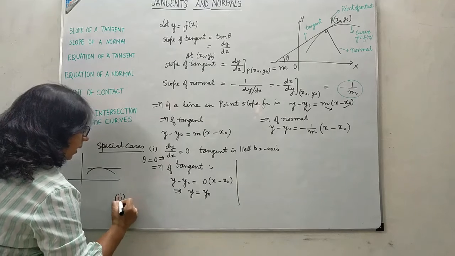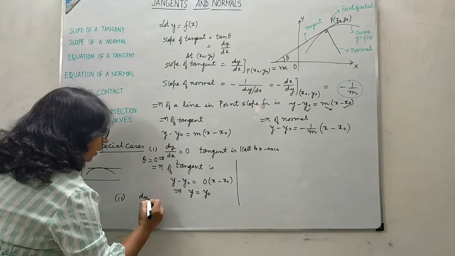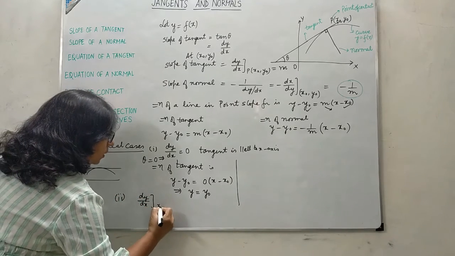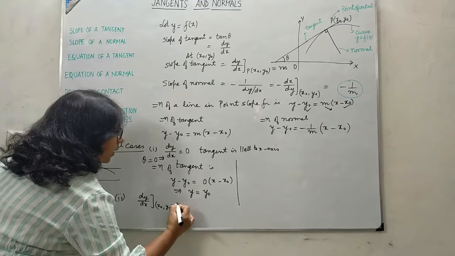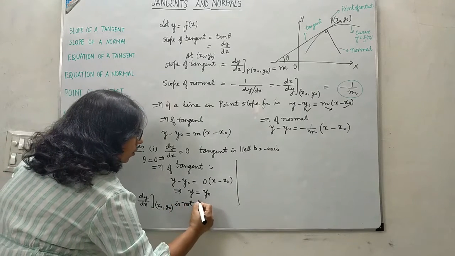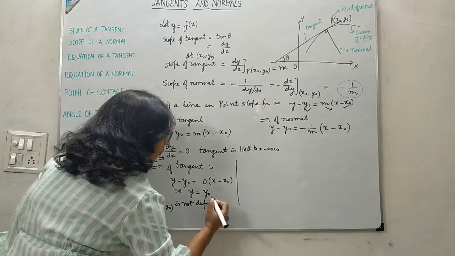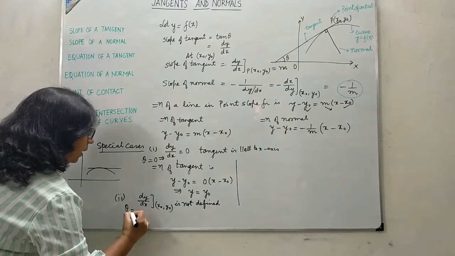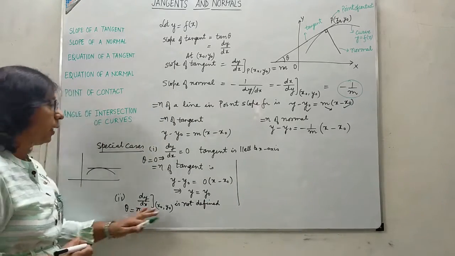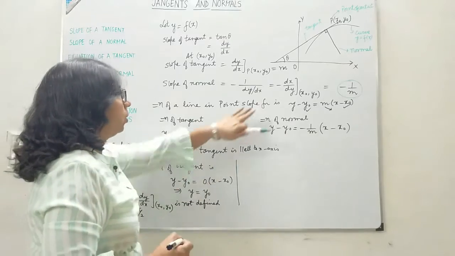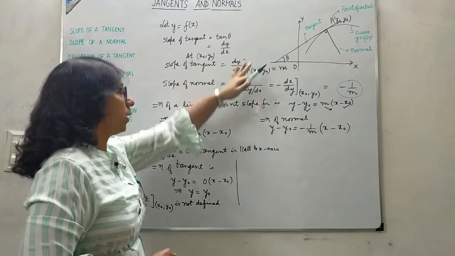Now in the second case, when dy by dx at a particular instant (x0, y0) is not defined. Not defined means angle theta must be pi by 2. If angle theta is pi by 2, then tan pi by 2 is not defined.